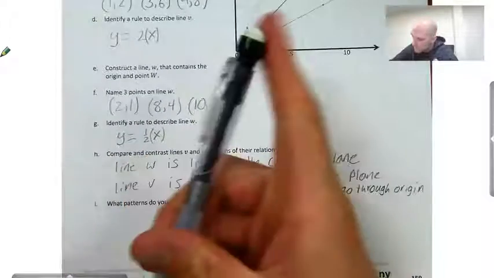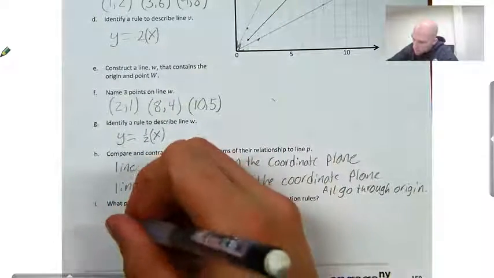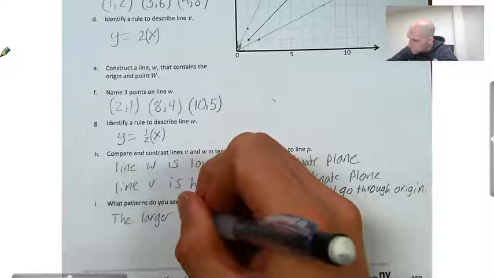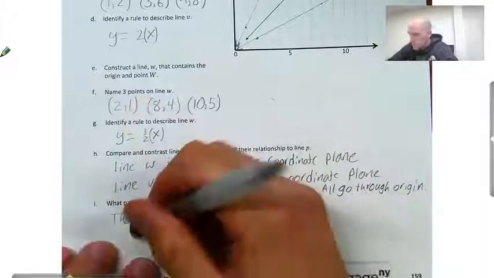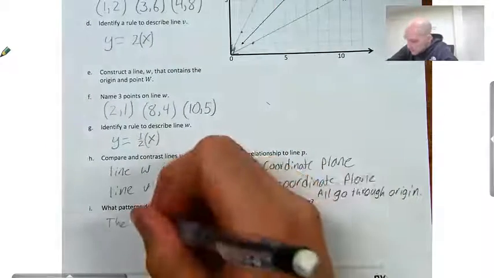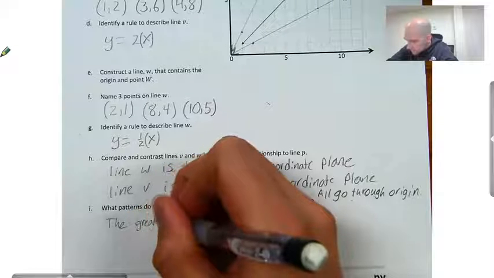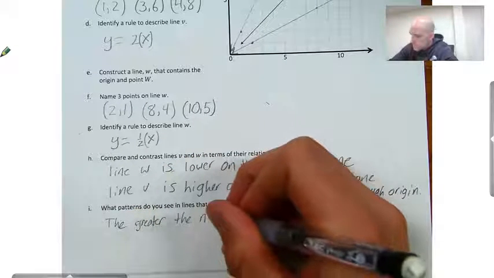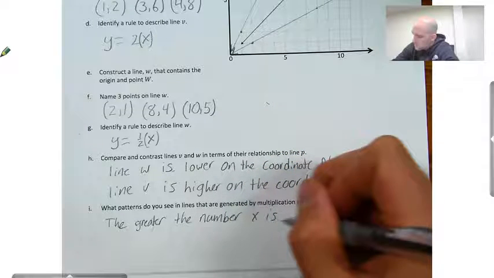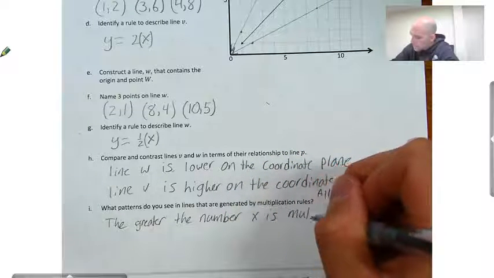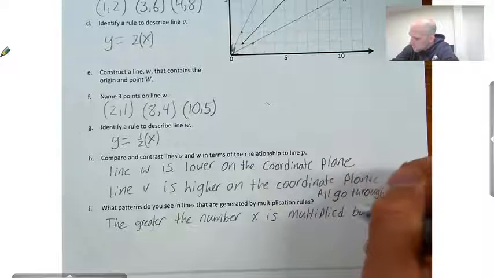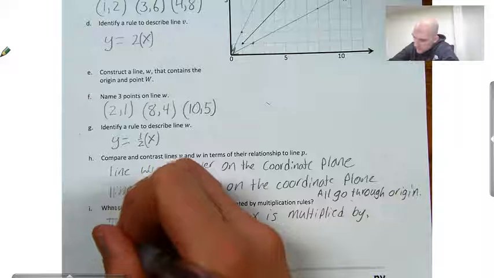So the greater the number the x is multiplied by, the steeper the line.